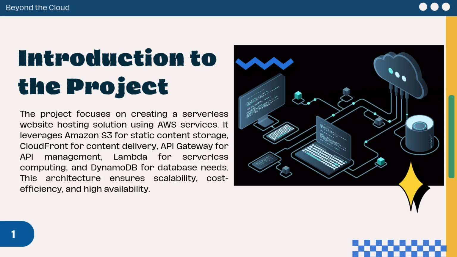And from that S3 bucket, we will serve the website with CloudFront, which is a content delivery network from AWS, and then on the back end, it will have API Gateway, Lambda, DynamoDB, and whatnot. Everything is managed by AWS, and all you have to do, you have to configure your website such that it can interact with you. I will show you how to do that, but everything here is serverless.